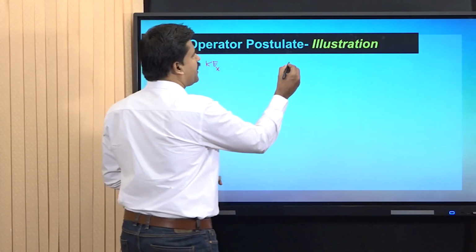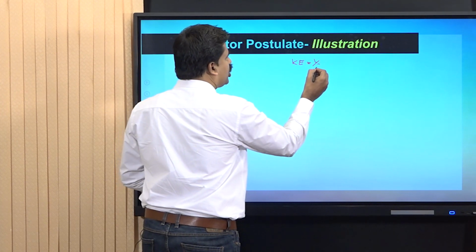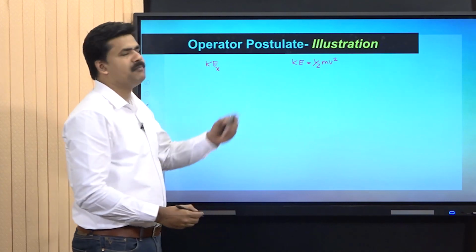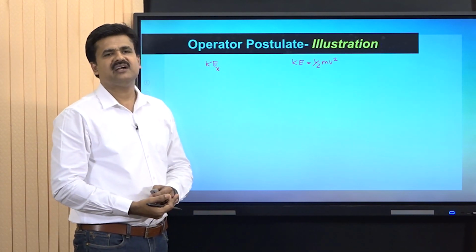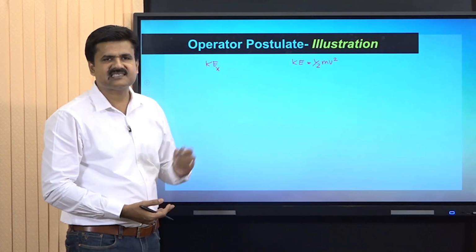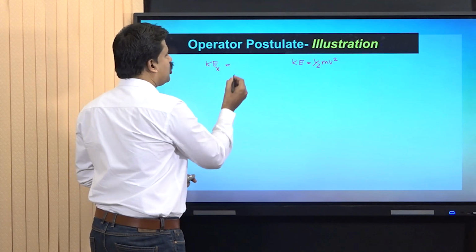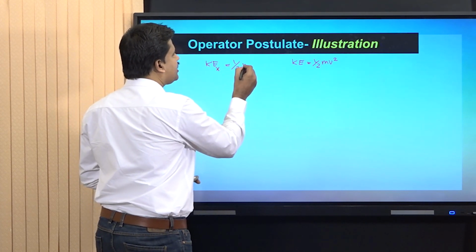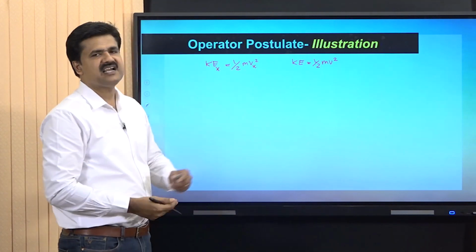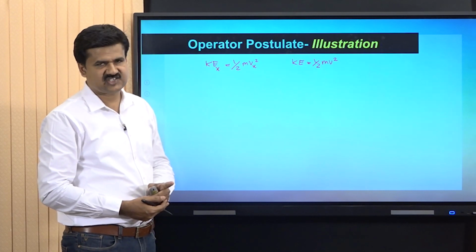We have the general kinetic energy expression equal to half m v square. If the body is moving along x direction, the kinetic energy is marked as KEx, equal to half m vx square.